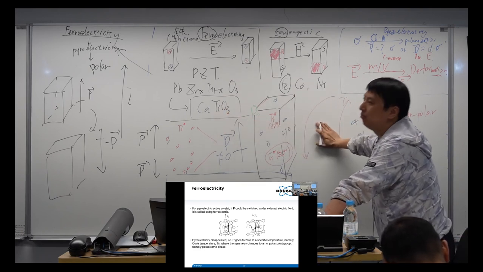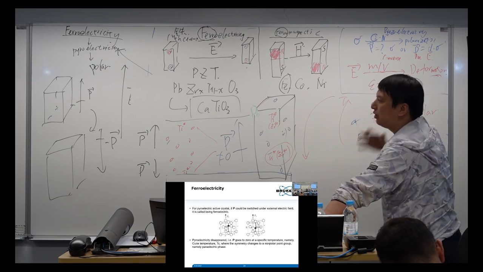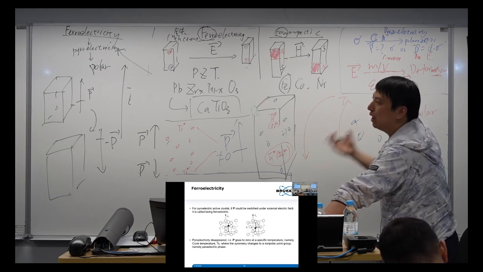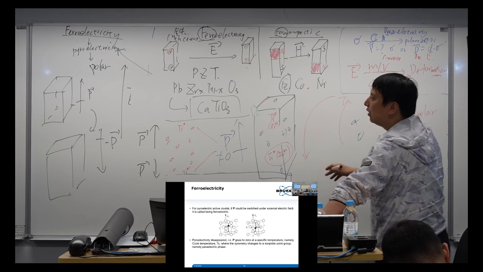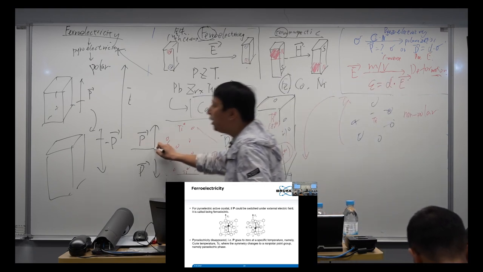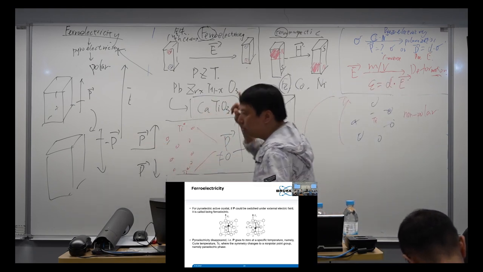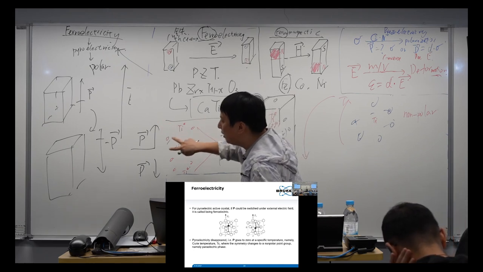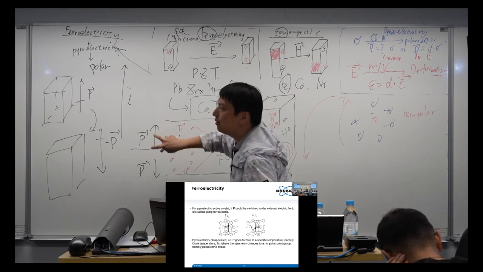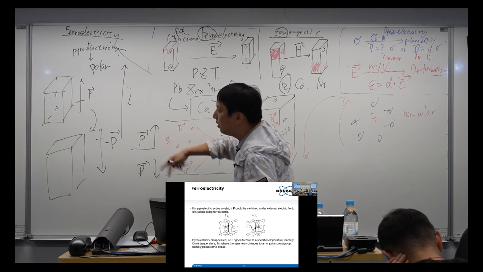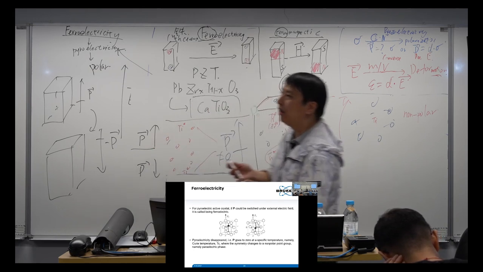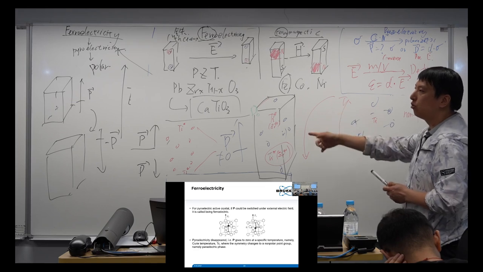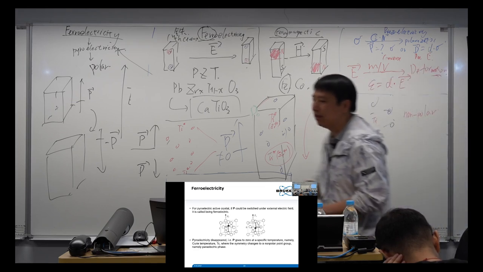But we should have some theory to describe or prove this phenomenon. If we have polarization, we should have two states. These two states, the polarization strength is the same, but the direction is different. Okay, that's the theory to describe ferroelectricity.